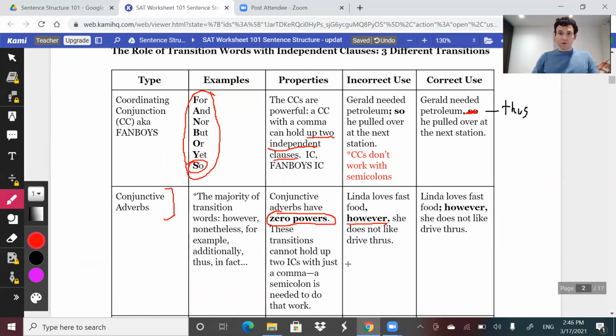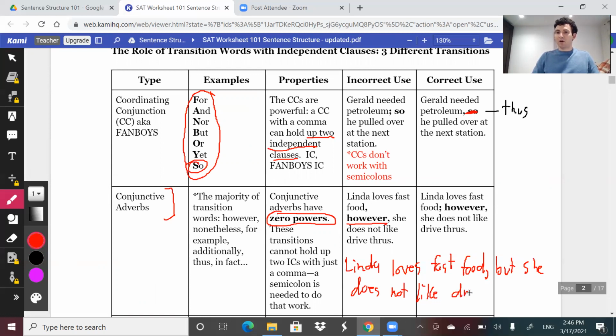It would work if we said Linda loves fast food and we used but: Linda loves fast food, comma, but she does not like drive-throughs. That's okay.